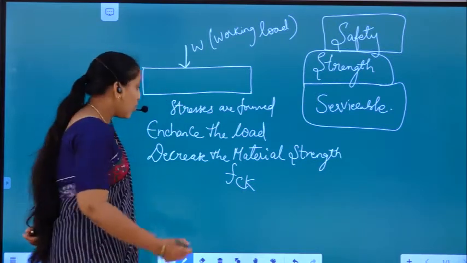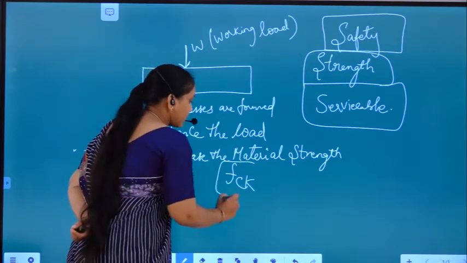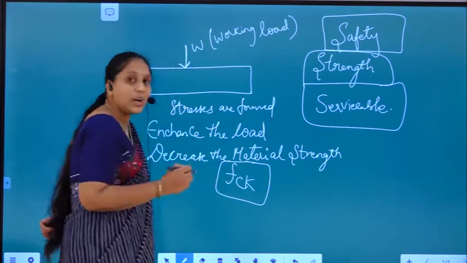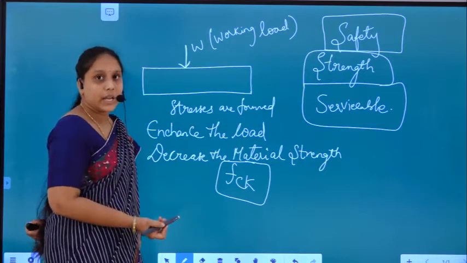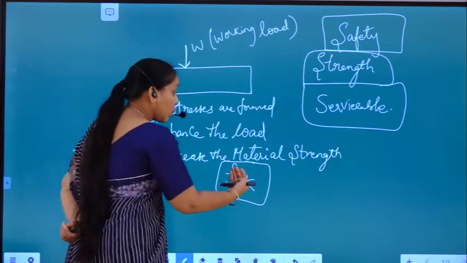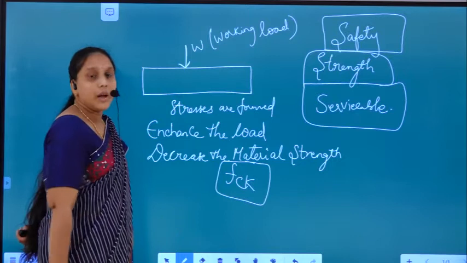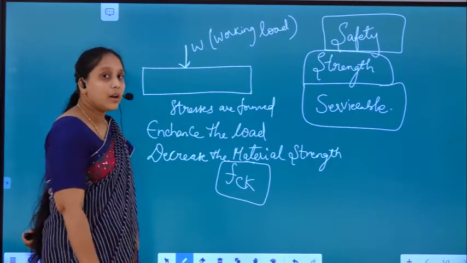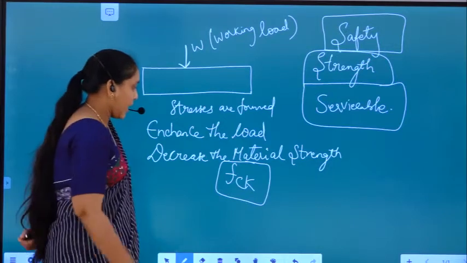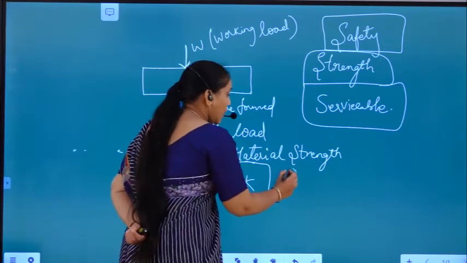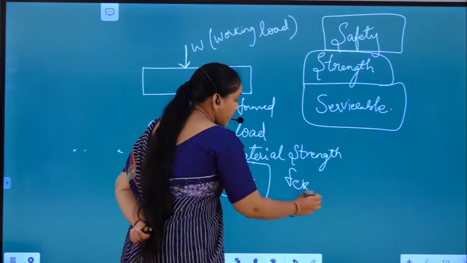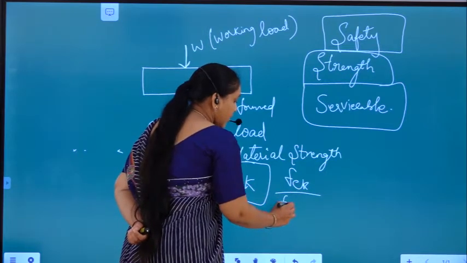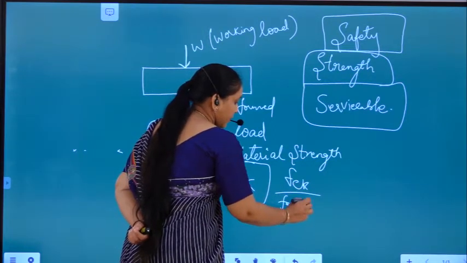So this particular strength fck is not taken into consideration in the design. We are going to reduce the strength of the material by dividing it with a suitable partial safety factor. So this material strength is divided with a factor of safety.